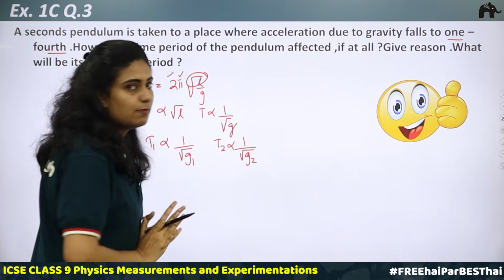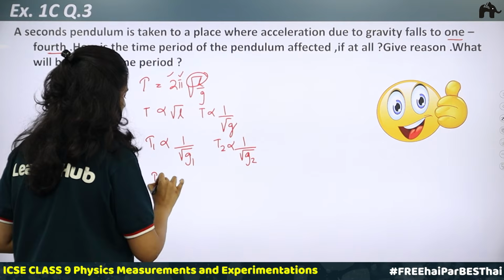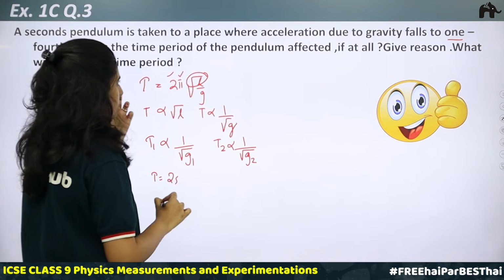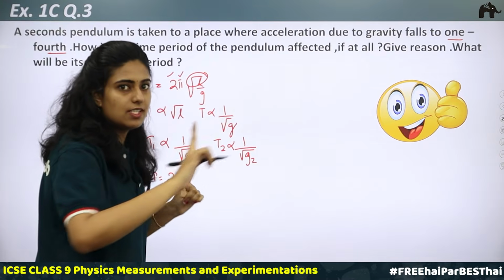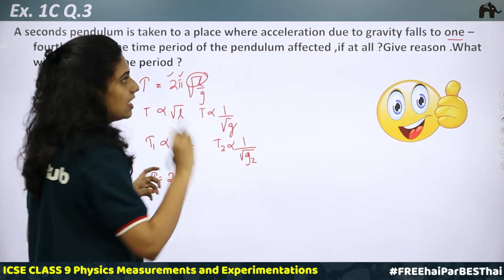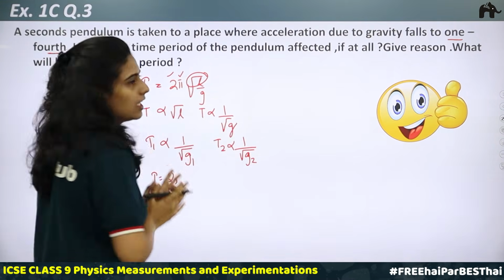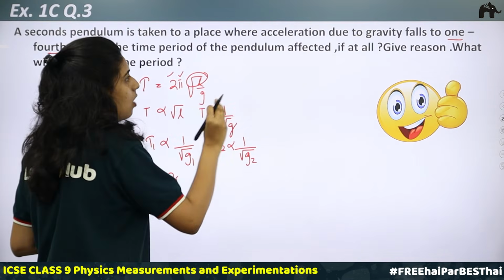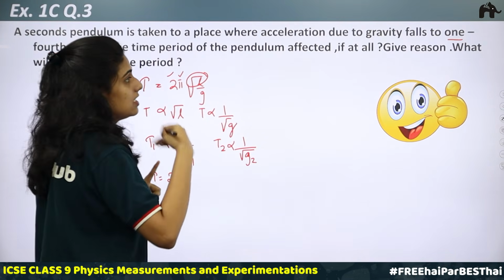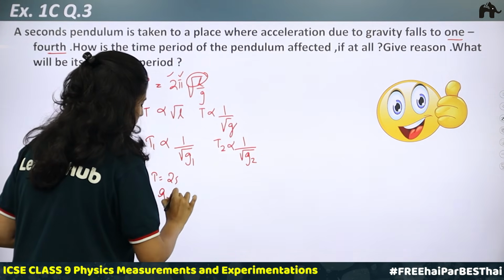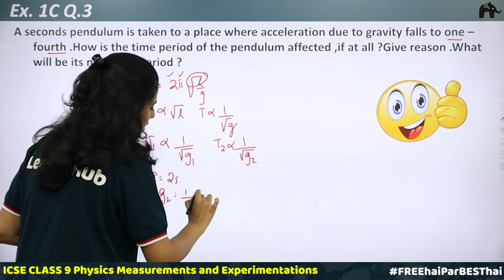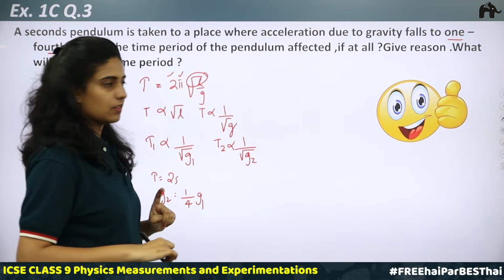This is a seconds pendulum whose T value will be equal to 2 seconds. Now what is given? The relation between g2 and g1 is given. g1 is the initial acceleration due to gravity. It changes to 1/4 of its initial value, which means g2 will be equal to 1 by 4 times g1.